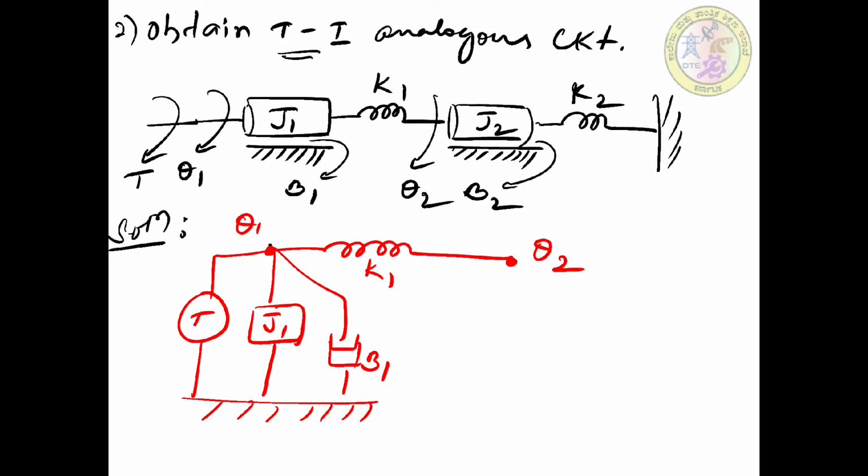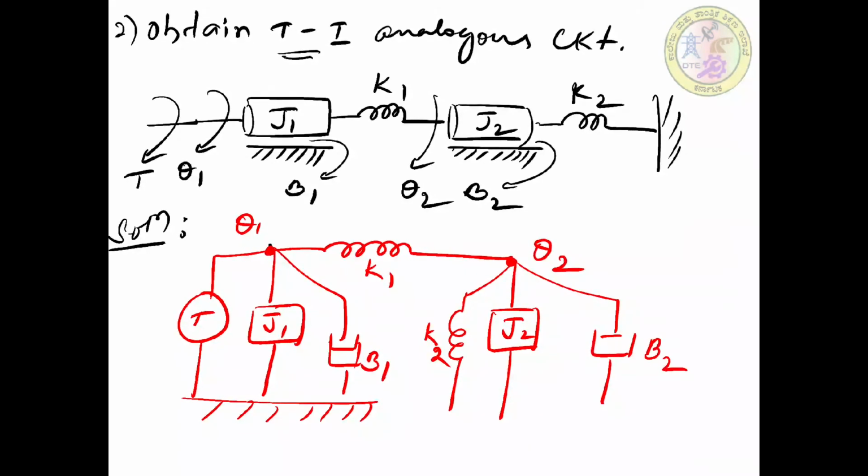Next at theta 2 we have the J2. First we'll write J2, then there is a K2 because K2 will come under the influence of theta 2, and then there is B2 friction.